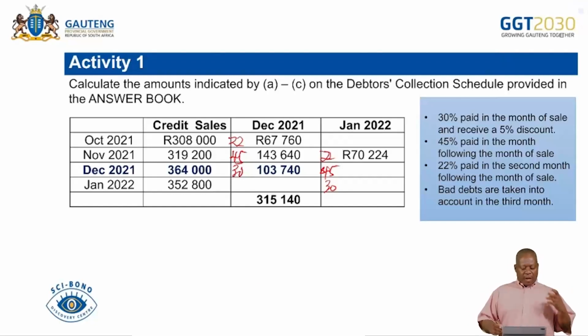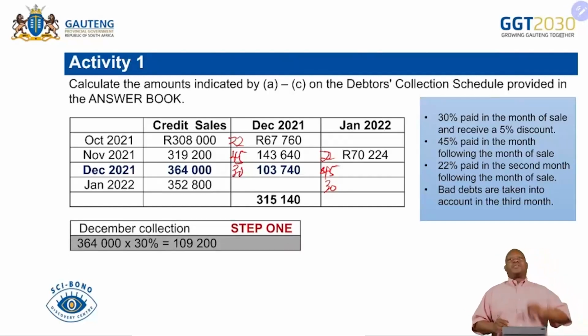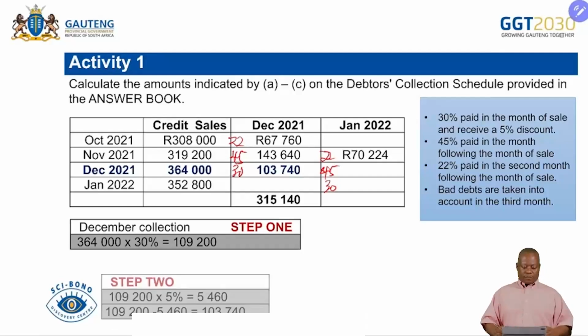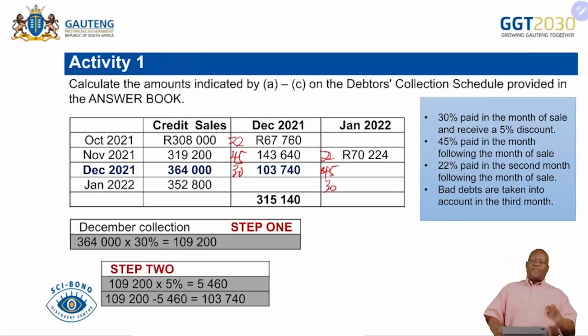Let's check. We can calculate in steps. Step number 1, we calculate 30% of 364,000, and we are going to get 109,200. But remember, we are not collecting 109,200. We are giving 5% discount on that 109,200. What does that mean? It takes us to step number 2. We find 5% of 109,200.